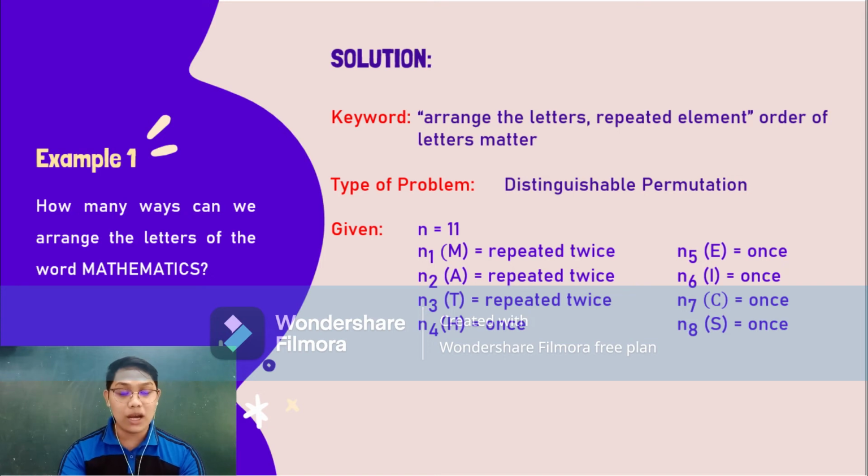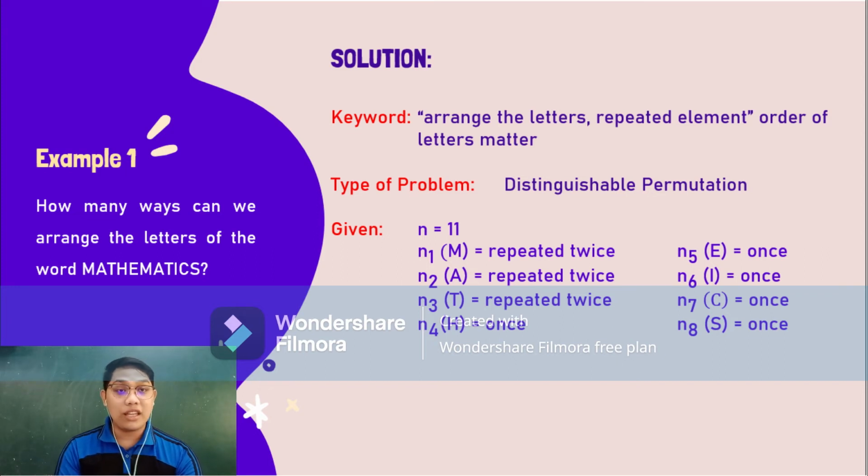Kung gusto nimo nga lain nga letter si n sub 1, lain nga letter si n sub 2, bahala na mo. And then another question, nganong n is equal to 8 ang taman? Kay kung dili ibalik-balik ang letters, 8 lang siya kabuok: letter M, A, T, H, E, I, C, S. Pero kung atong i-count all letters nga gibalik-balik, 11, so n is equal to 11.